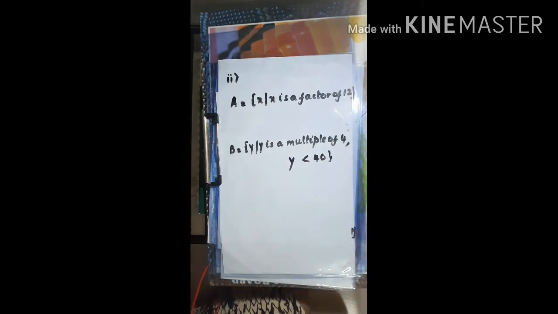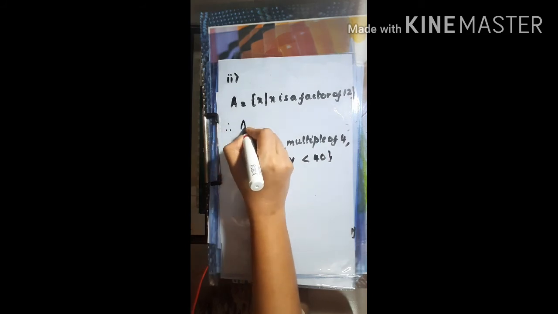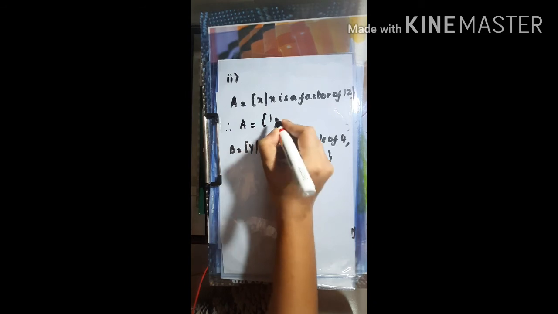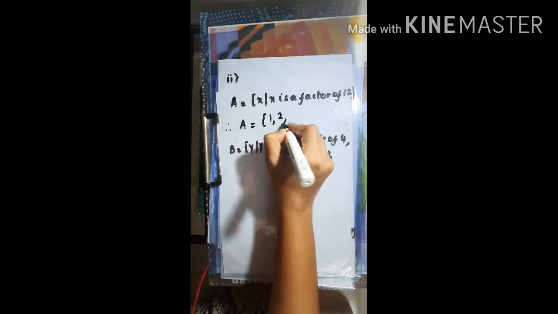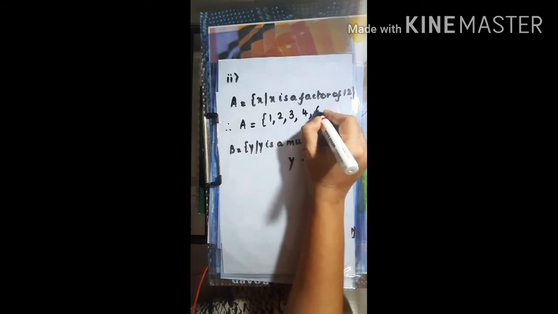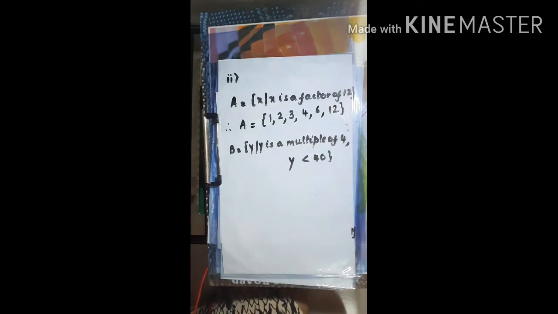Now, the first thing I have to do is list the sets. What is my set A? Factors of 12: 1, 2, 3, 4, 6 and 12.